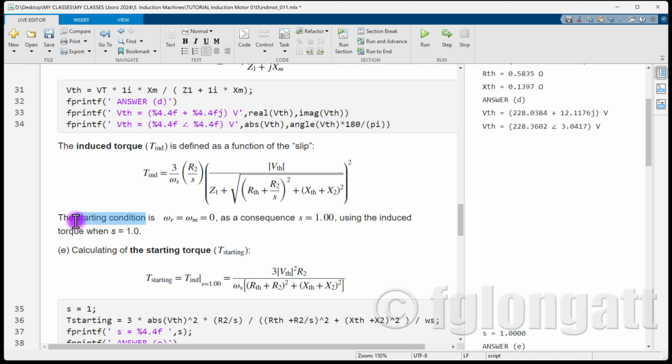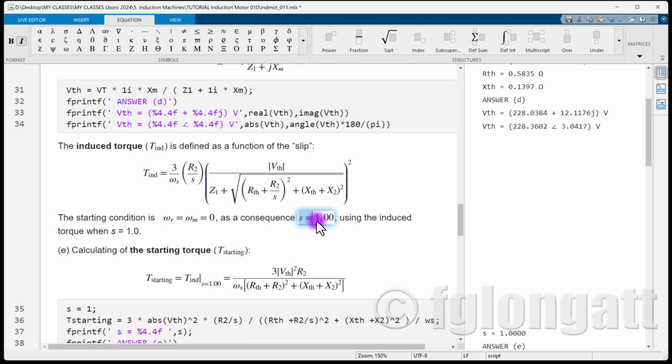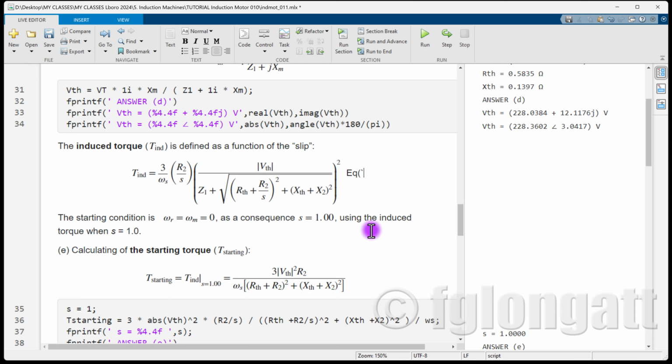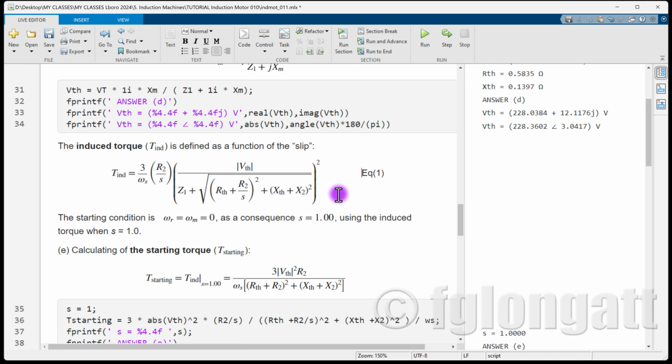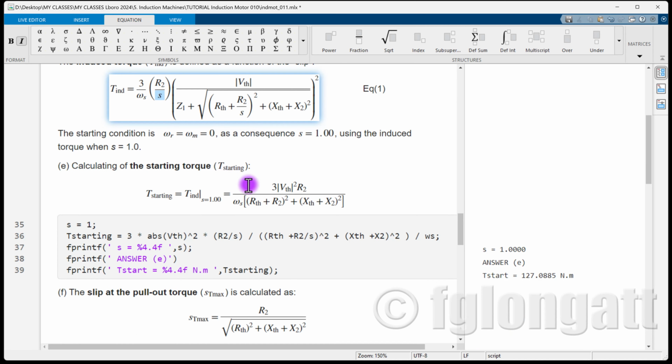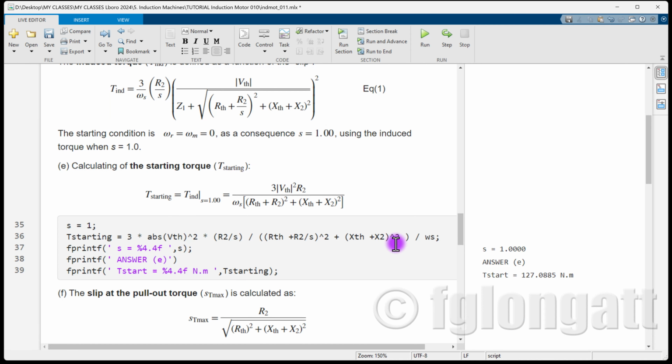At the starting condition, you must remember that the rotor speed is 0, so the slip is maximum and equal to 1. So in this equation, let's call it equation number 1, when I substitute the slip equal to 1, you can see that there are some simplifications and we obtain this beautiful equation number 2.